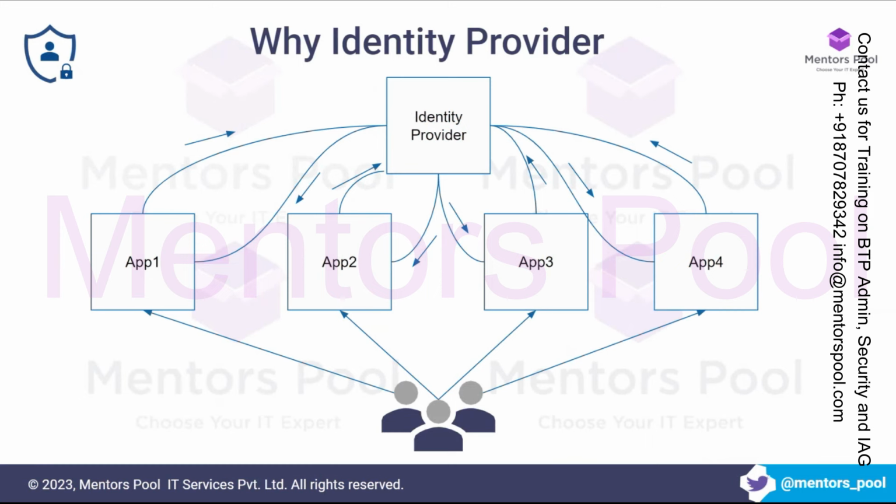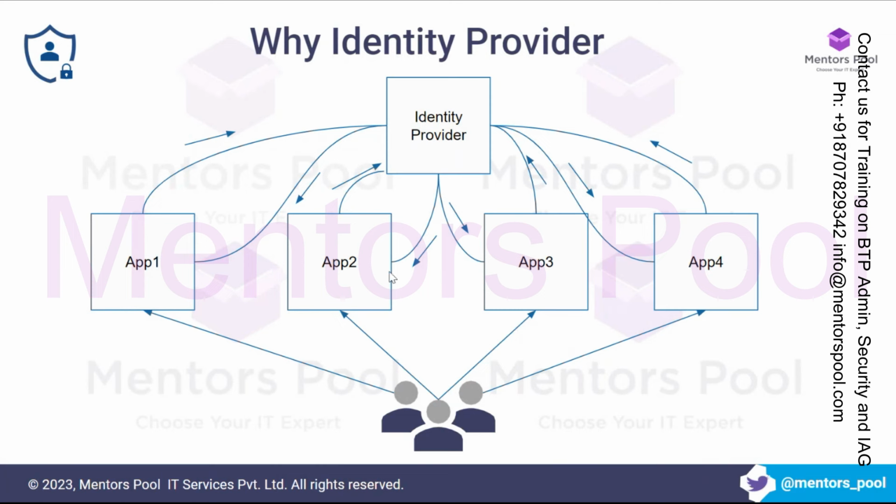In the early stage of application development, normally what was happening is, if a company had four different applications, they were designing four different individual sign-up options. If a user wanted to access app 1, he had to supply a user ID and password for app 1.